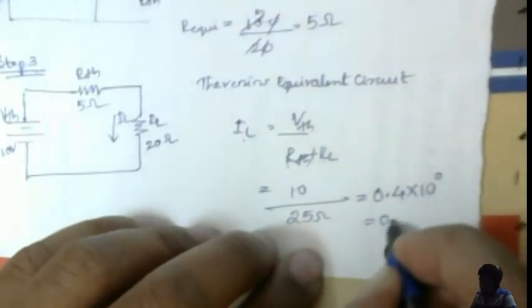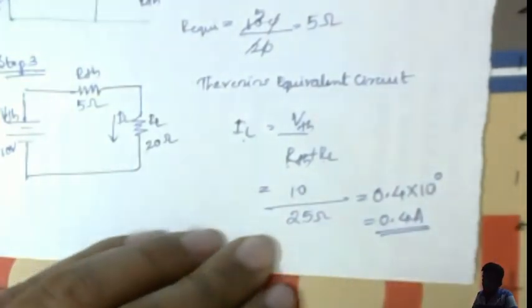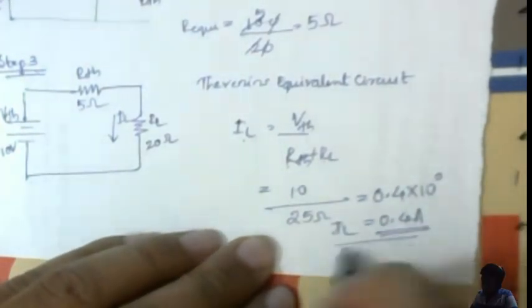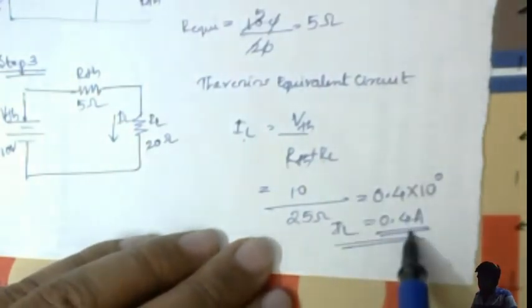This is equal to 0.4 ampere. This is the load current in this circuit diagram.